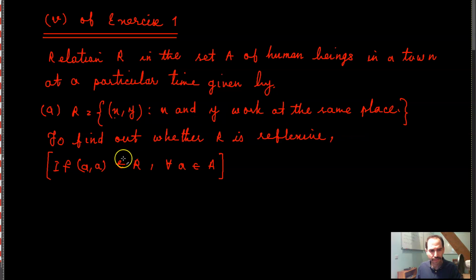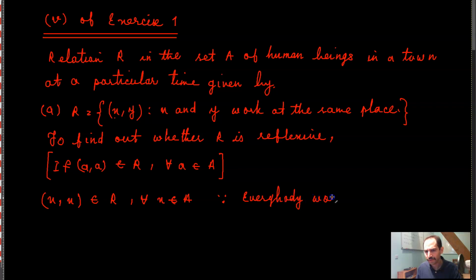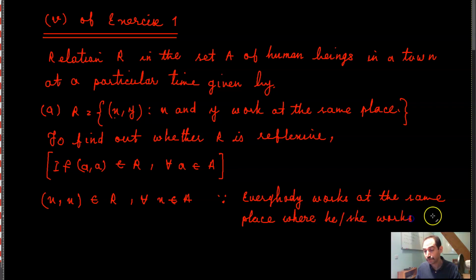Now, based on this condition, you can say that x comma x belongs to R for every x belonging to the set A, because everybody works at the same place where he or she works.